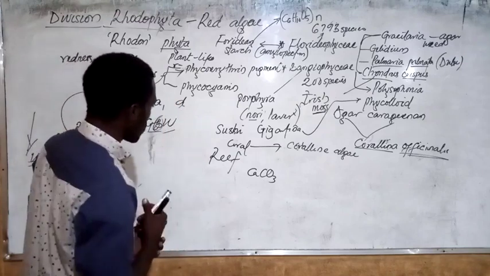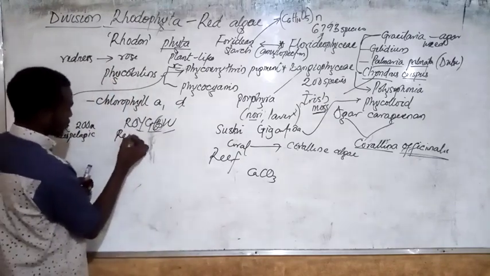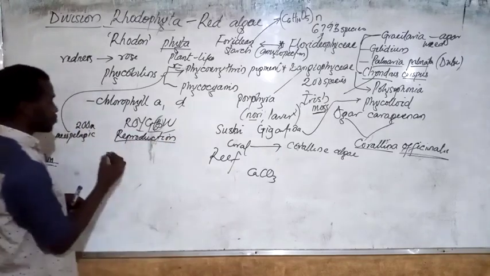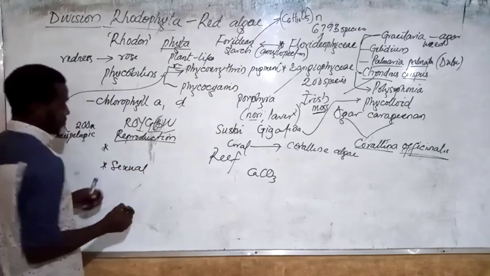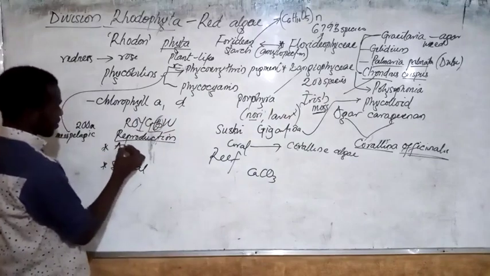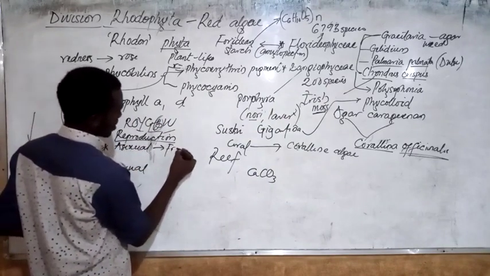Another thing we have to know about the red algae is their mode of reproduction. Now, their mode of reproduction is mostly sexual, but especially in the Bangiophyceae, we see some form of asexual reproduction, and the asexual reproduction here is fragmentation.